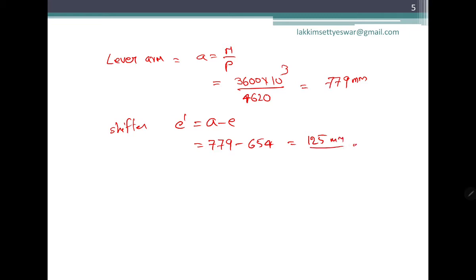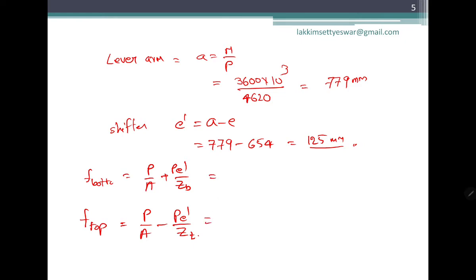Now we need to calculate the resultant stresses. As per the internal resisting couple method, F bottom is equal to P by A plus PE dash divided by Z bottom, and F top is equal to P by A minus PE dash by Z top. We have all these values, so let's substitute them.